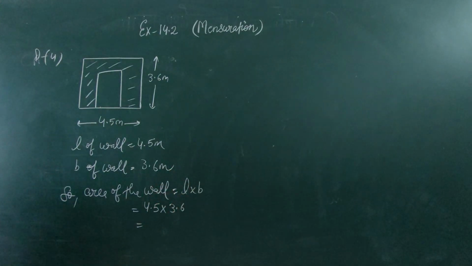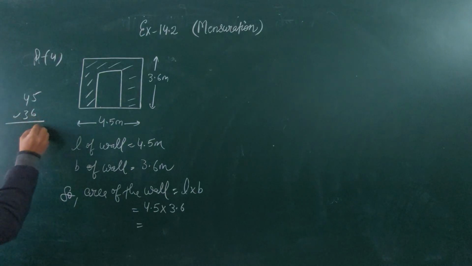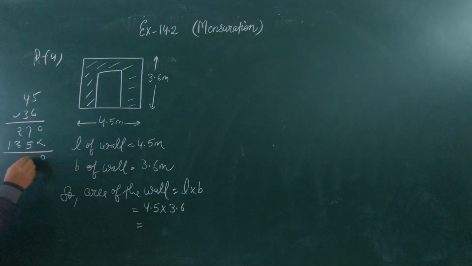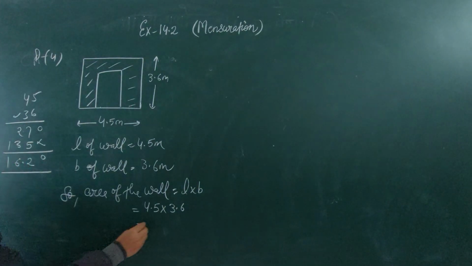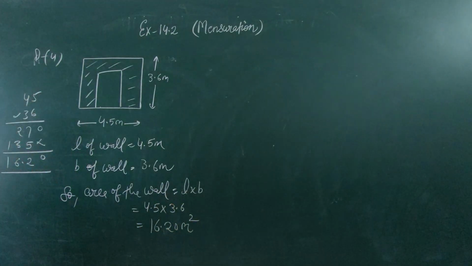Now multiply 45 by 36. 6 5 या 30, 6 4 या 24, 27, 3 5 या 15, 13, 0, 12, 6 1, 16.20 meter square. Right?